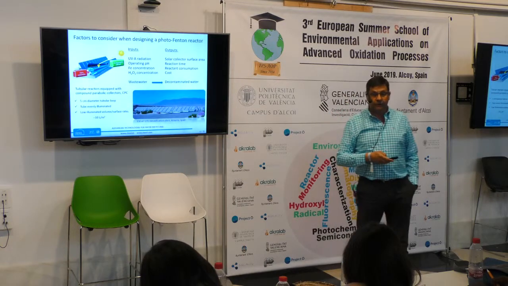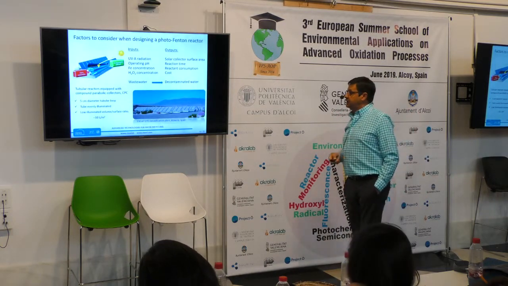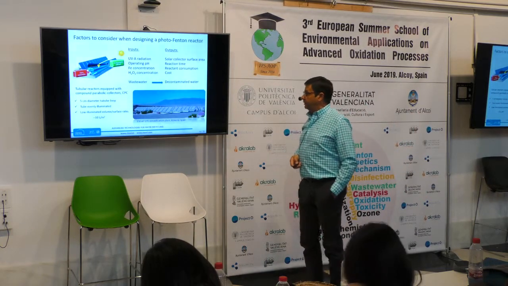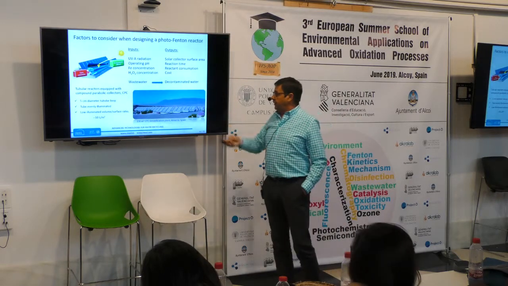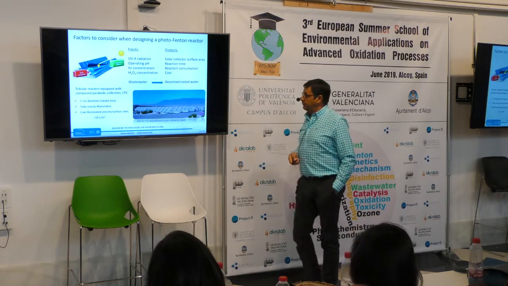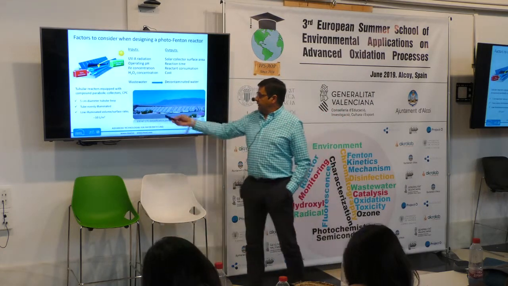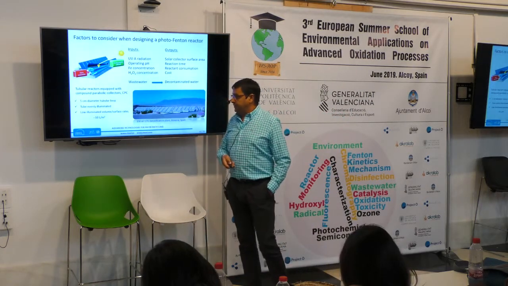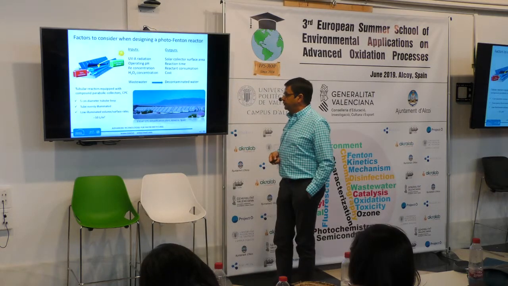The most popular reactors for photo-Fenton process is the tubular reactor with compound parabolic collectors, known as CPCs. The main feature is that they commonly use a 5 centimeter diameter tubular loop.